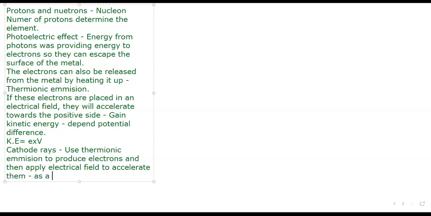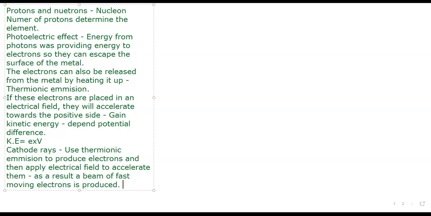As a result, a beam of fast moving electrons is produced. Right? We can get a beam of fast moving electrons. And this is how we can shoot electrons or shower electrons for our different experiments.